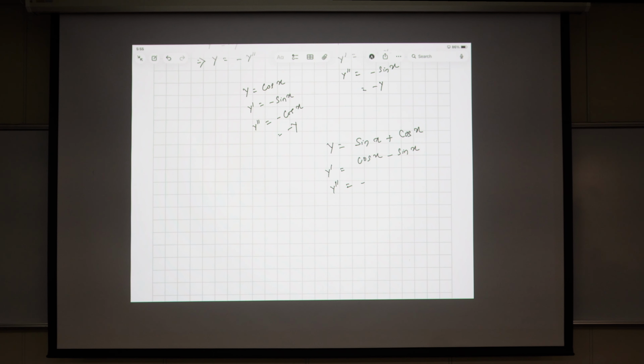Minus sin x minus cosine x. That means it is minus sin x plus cosine x, minus y. It is also satisfied.